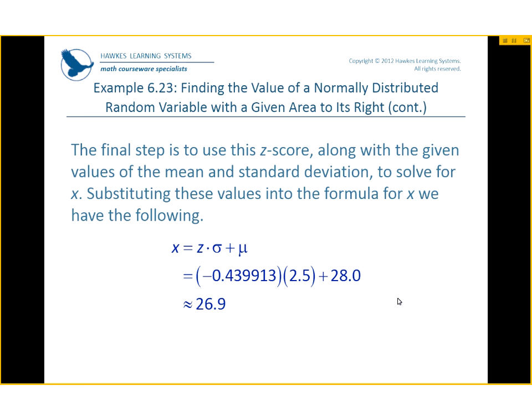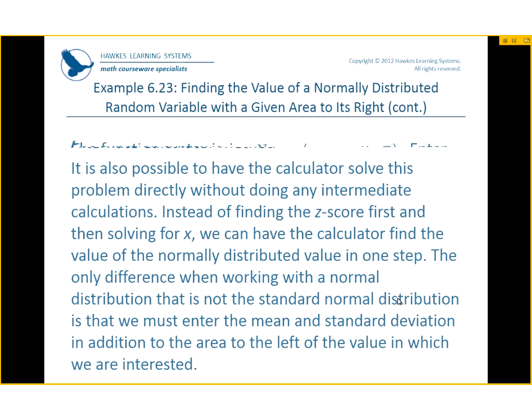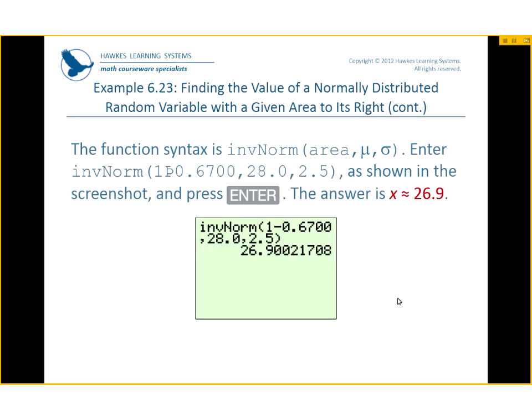But I have to use that to solve for x. If you look at this equation, this is actually the z-score formula, but what we did is we solved it for x. So when you do that, you're going to have the z-score times the standard deviation plus the mean. And if you do that, you get 26.9. Because I had an area, I had to solve for my z-score, and now I can solve for x. But there's even an easier way to do it with a calculator. Second var 3. Okay, we know we're going to do the inverse now.